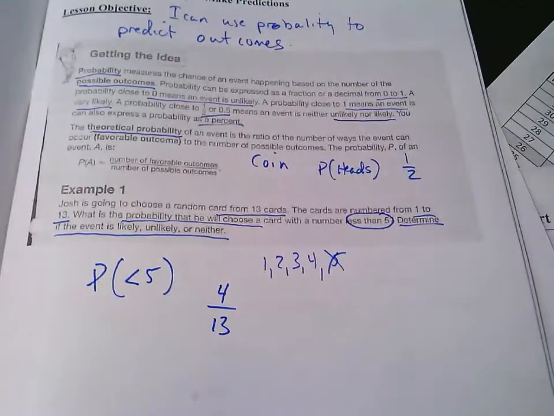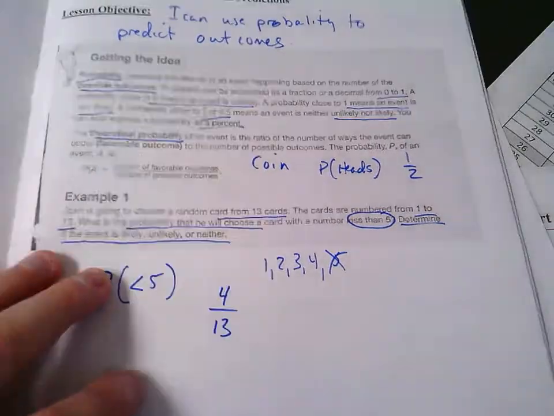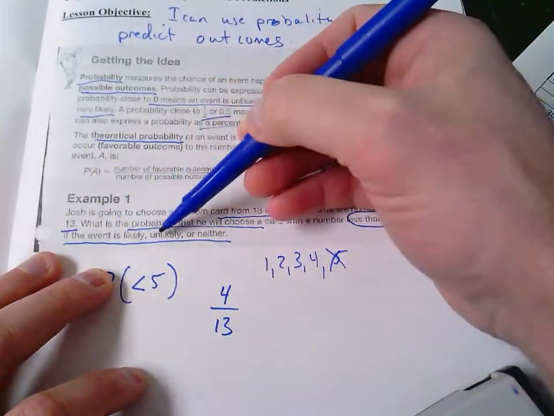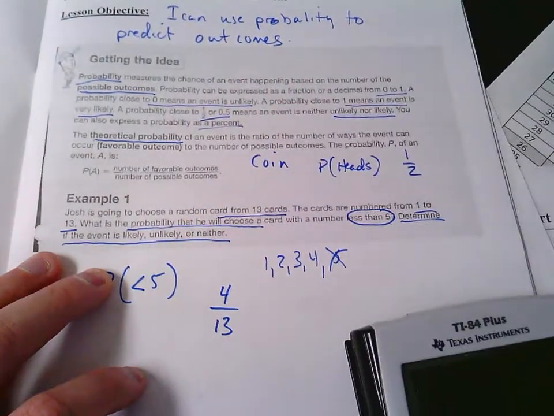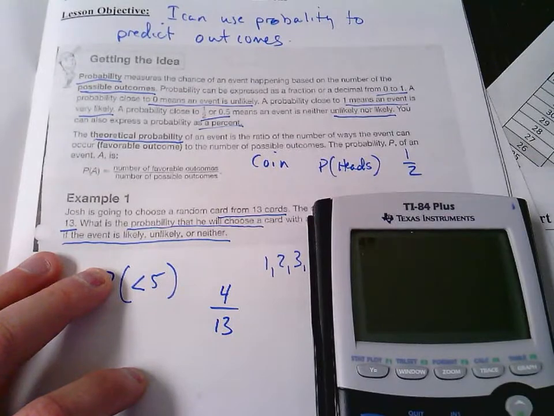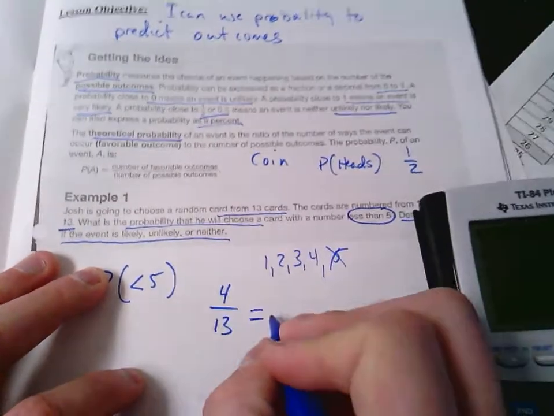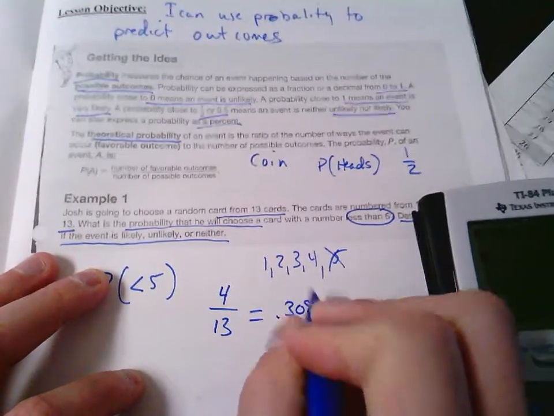Now sometimes, looking at fractions, you can't really tell the likelihood, because remember what we're trying to do is decide: likely, unlikely, or neither? So one way to do this is to convert 4 divided by 13 to a decimal, and we get 0.308. I'll just round it.